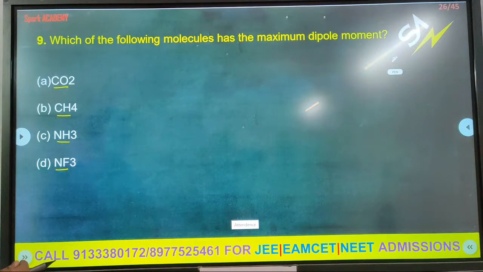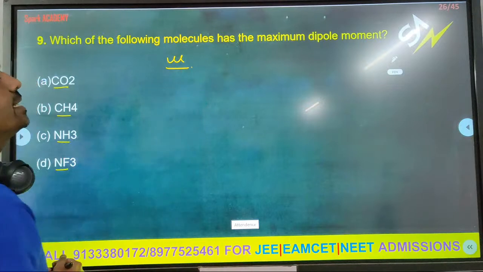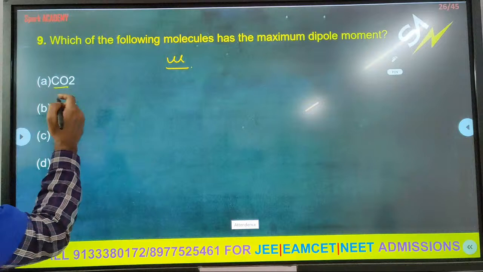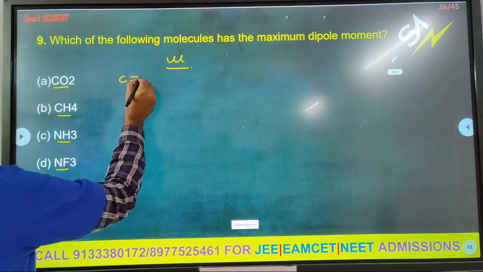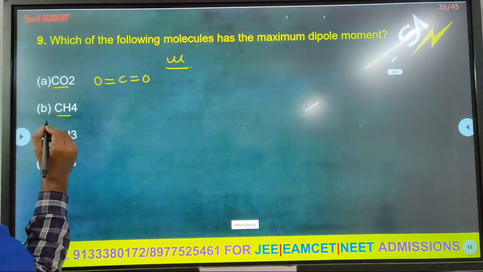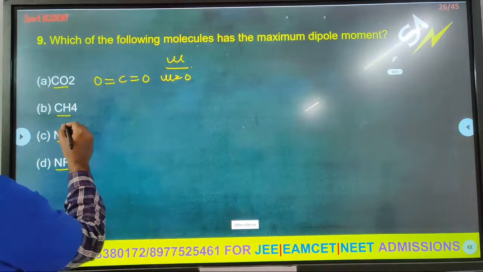But the dipole moment mu depends on the geometry, symmetry or plane of symmetry, or unsymmetrical molecules. Symmetrical molecules are also important. Now take carbon dioxide. Carbon is the central atom. It has a linear shape, so mu is equal to 0.